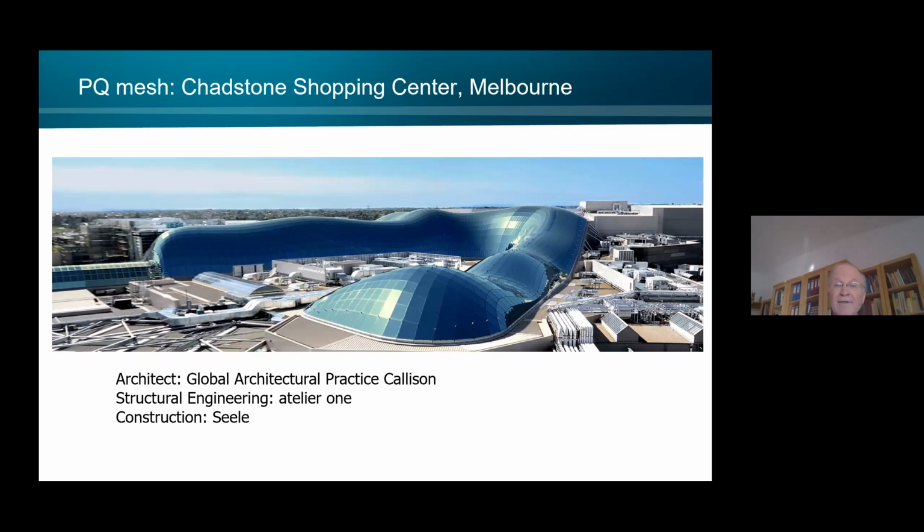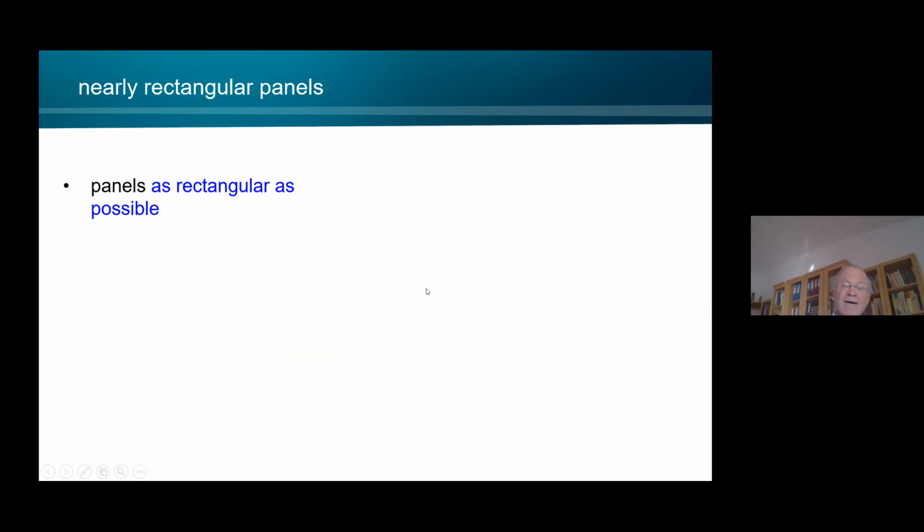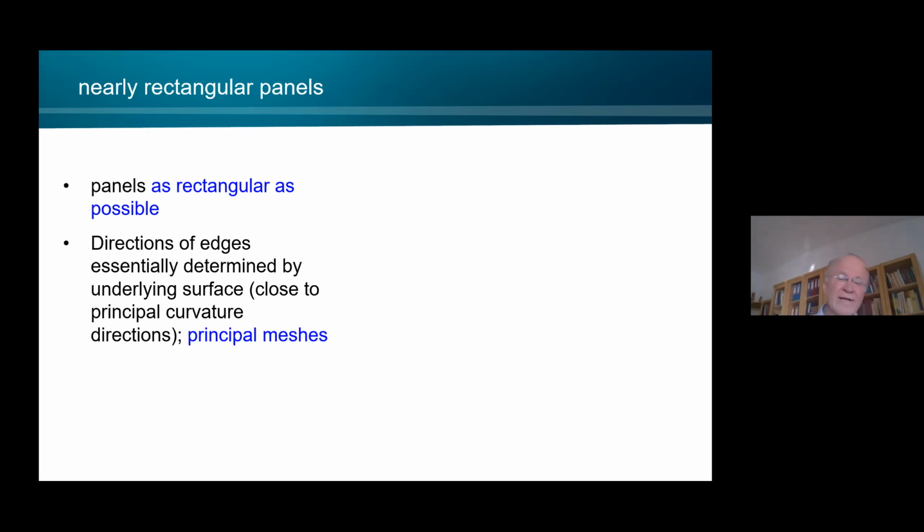To planar quadrilateral panels. So we are interested in meshes from planar quads. But we are interested here in a case which is also very desirable, namely where these quads are nearly rectangular. Then it is known that the direction of edges in such a mesh must follow roughly the principal curvature directions of a smooth underlying reference surface.